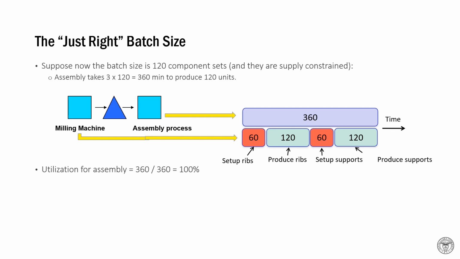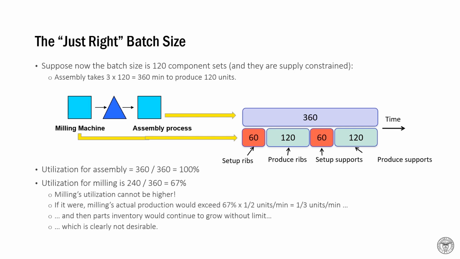This results in a utilization rate for assembly of 360 over 360, which equals 100%. Meanwhile, the milling process utilization rate will be 240 over 360, or approximately 67%.